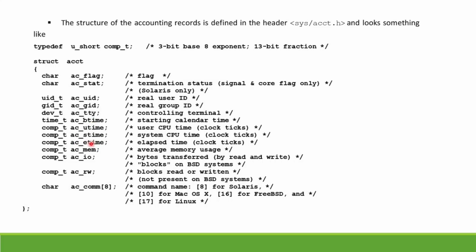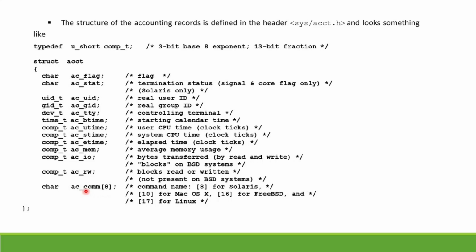All this information regarding time will be explained in detail in the upcoming slides. Then the average memory usage by the process, the number of bytes transferred by the read and write system calls used by the process, and the blocks read or written by the process.